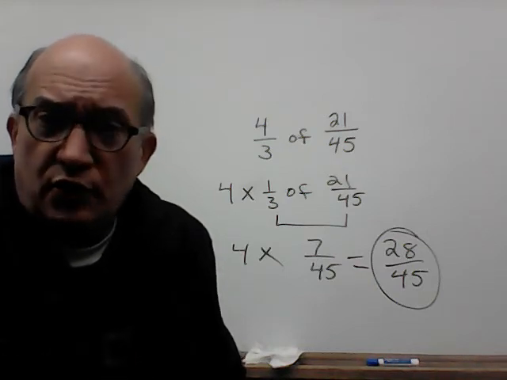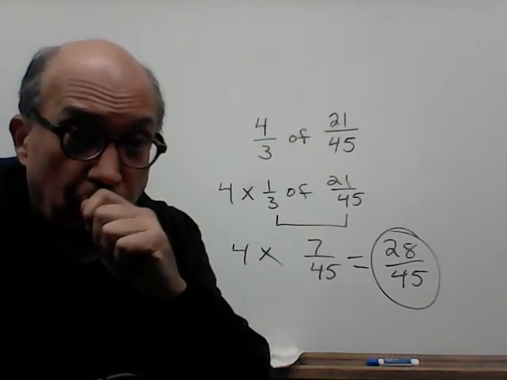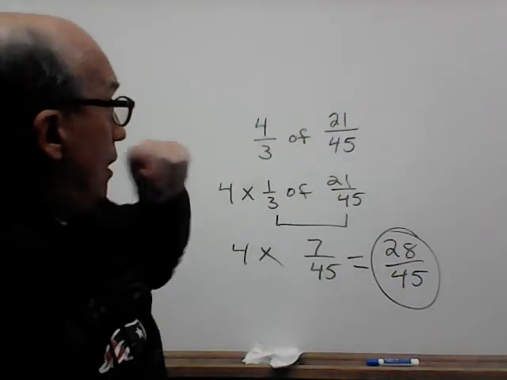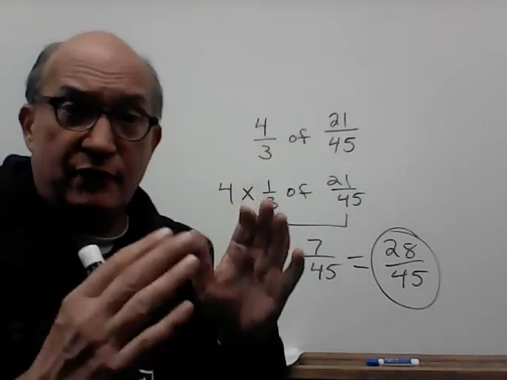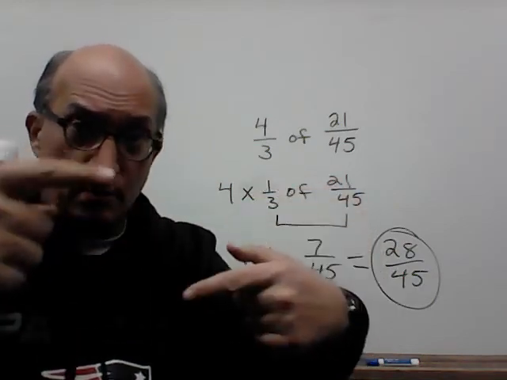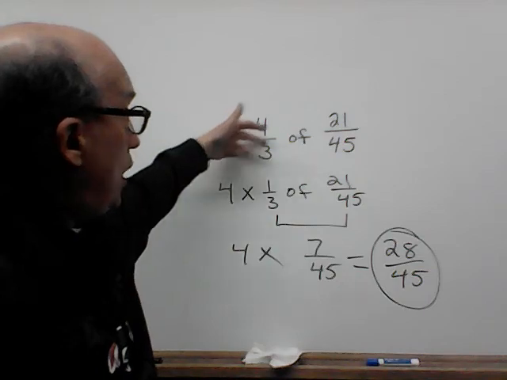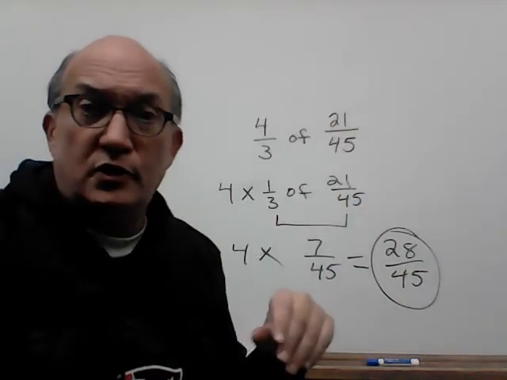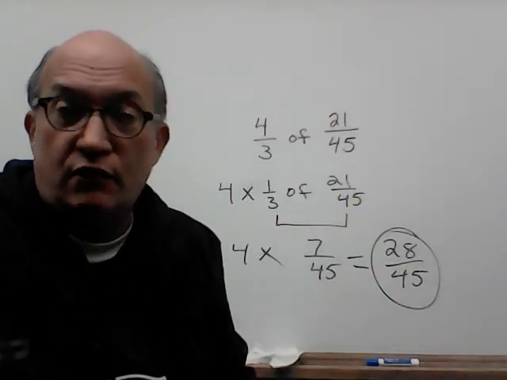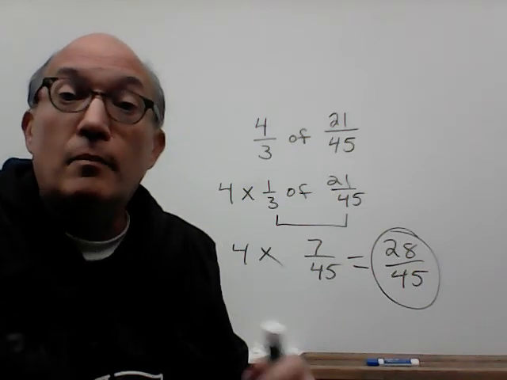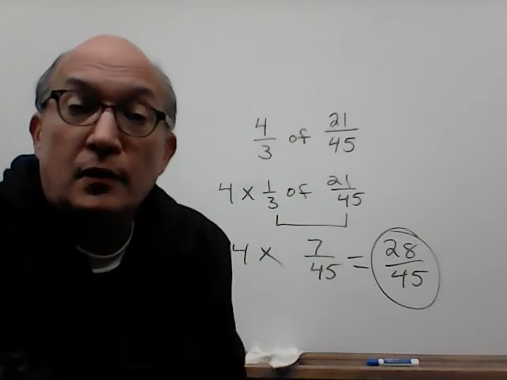We're approaching 30 minutes. I just wanted to make the point that you don't have to have two fractions that are both less than 1. You could have one or both of the fractions be any kind of fraction, greater than 1, greater than 2, greater than 100. It'll work the same way.